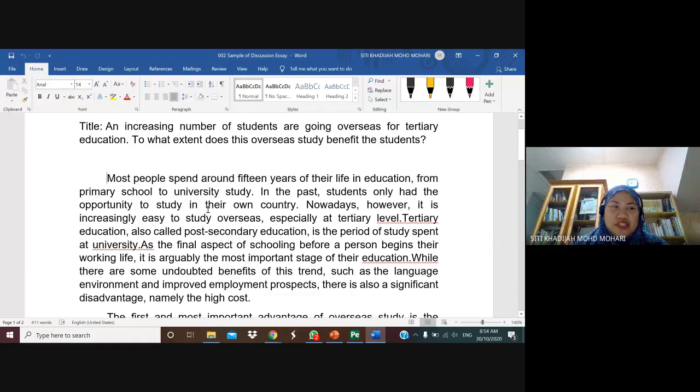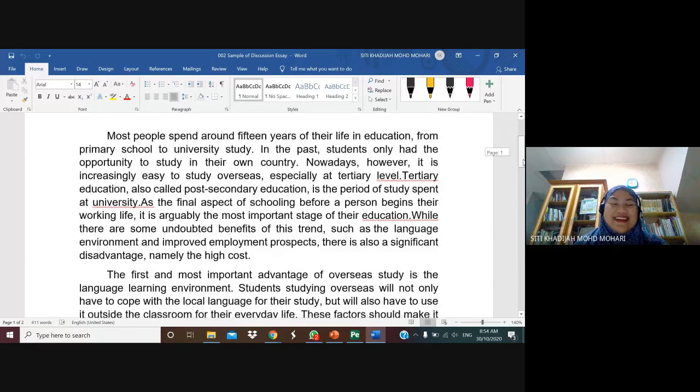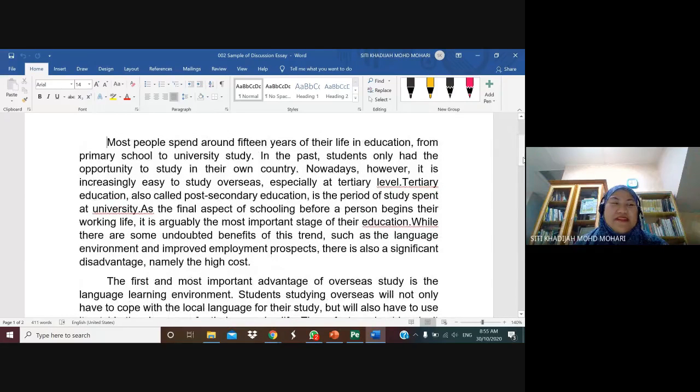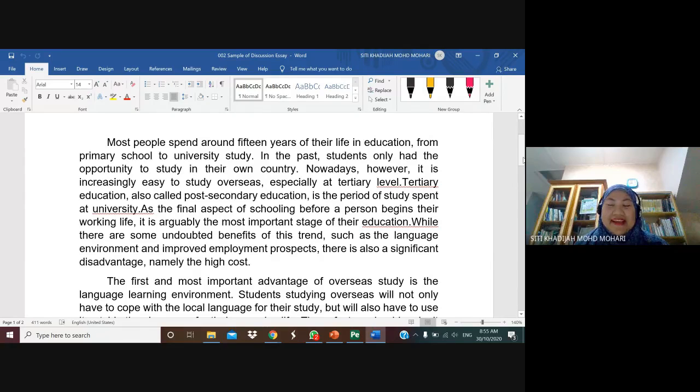And which one would you likely to find, a topic sentence or a thesis statement over here? Well, I don't think there's a topic sentence in the introduction. Okay. And then is the thesis statement over here? Well, I don't think so, because in the introduction they don't give any point basically. Okay, I see.